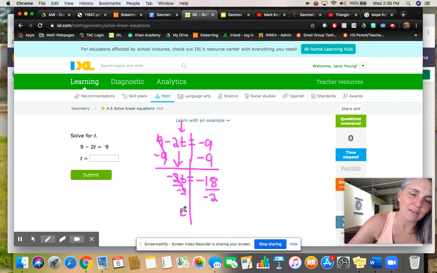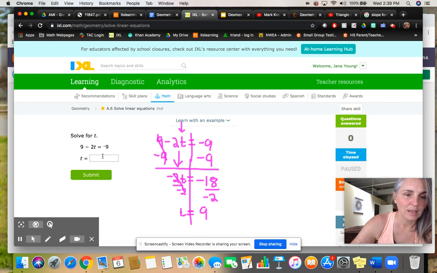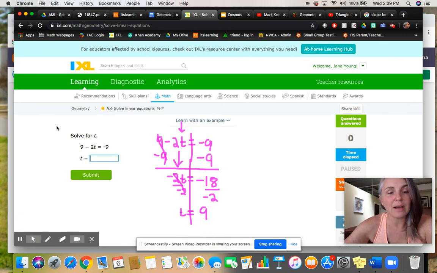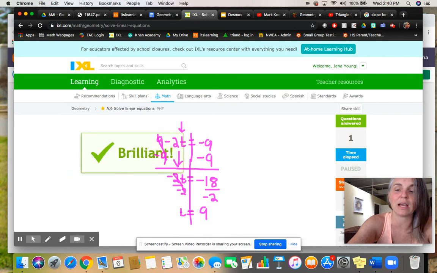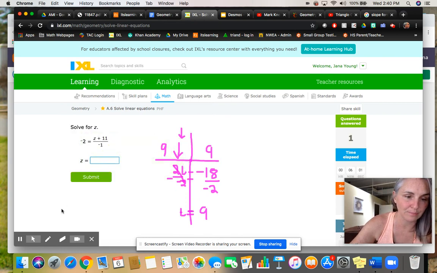And that's going to leave you with t is equal to 9. Okay? And you can check that by doing 9 minus 2 times 9. That would be 9 minus 18, which is -9. So you check it by just plugging it back in and make sure you get a true statement. Okay?